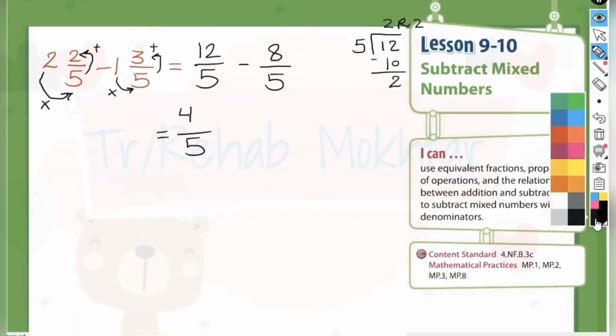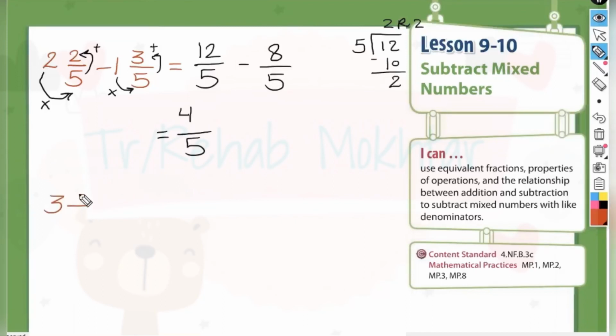Let's take another example. 3 and 1 out of 6 minus 1 and 3 out of 6 equals. I will convert each mixed number to a fraction. 3 times 6 equals 18 plus 1 more, it will be 19 out of 6.